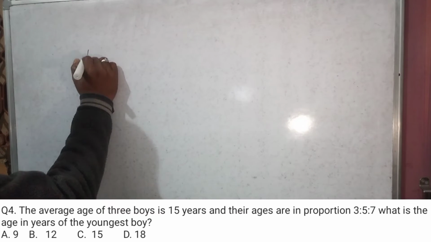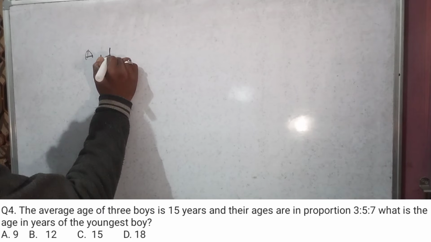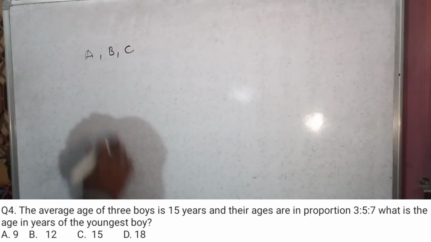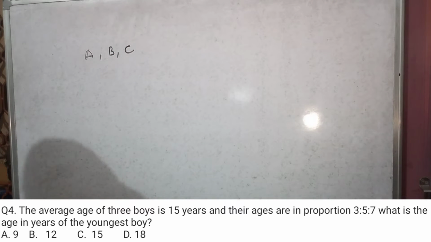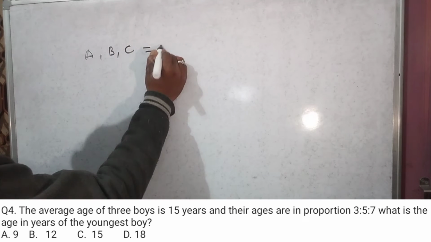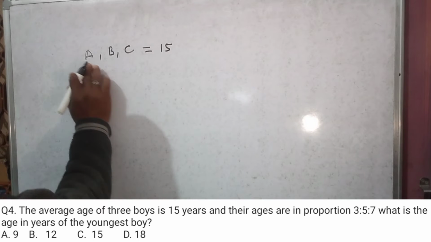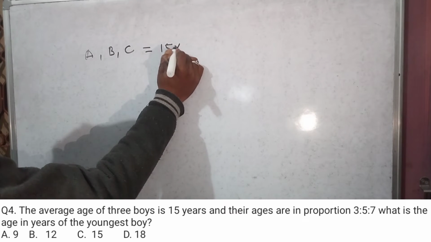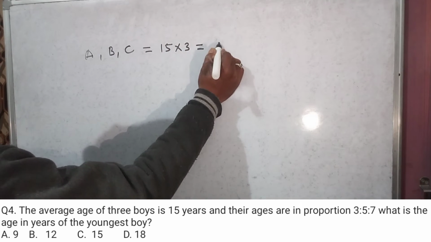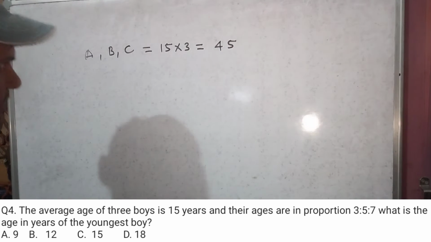Suppose A, B and C. There are 3 boys, 15 years. So there are 3 persons. So multiply with 3 means total 45.